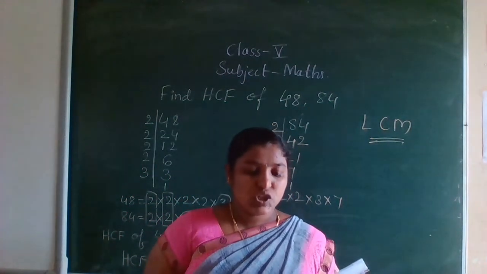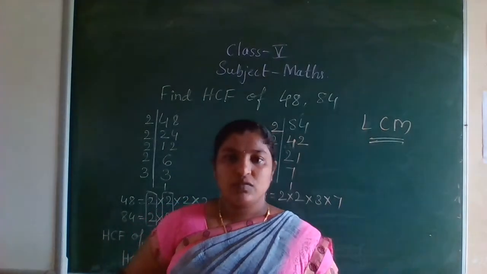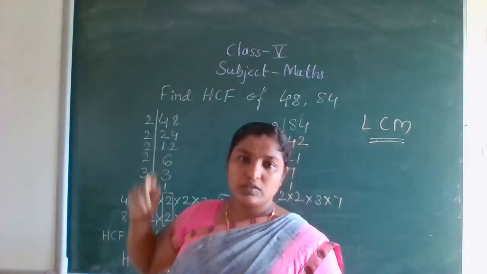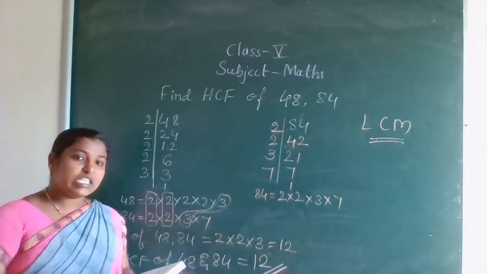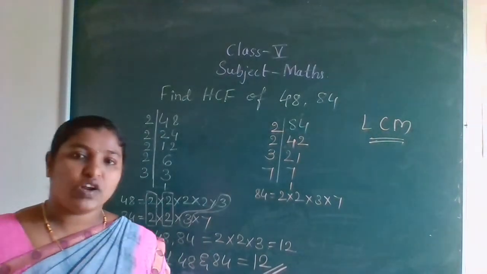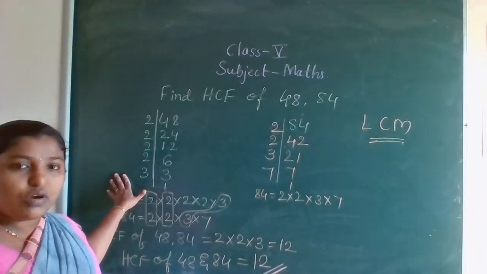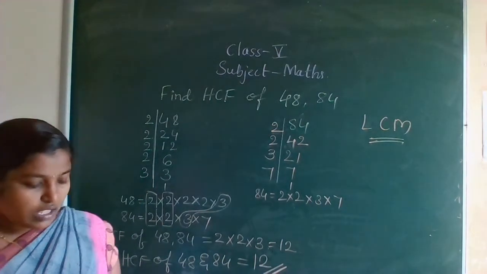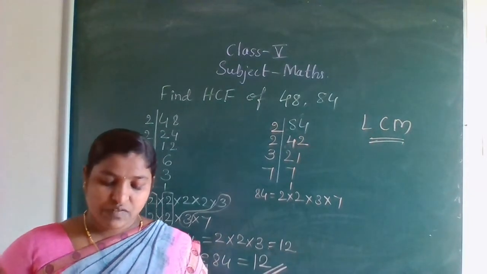Find the HCF of the following. 48 and 84. Already I solved it on the board. Yes, let us practice 2.7. The first problem was 48 and 84. See, I have solved it on the board. This is the division method. And next, 132 and 165.